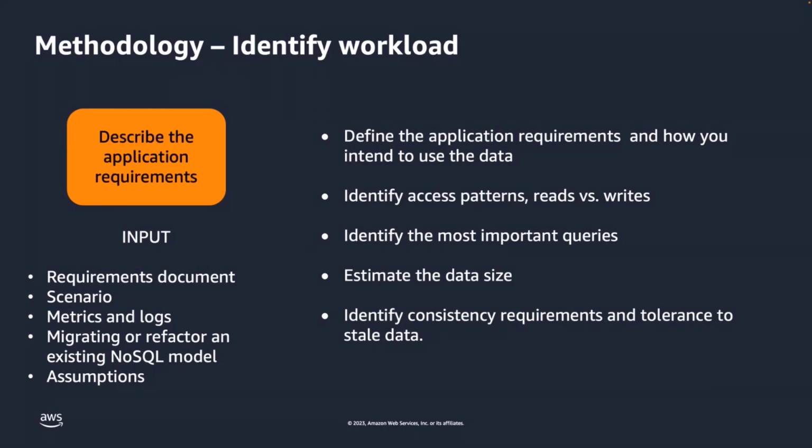In that sense, identifying the latency requirements for those queries would be a very good metric. Estimate the data size, either through metrics or assumptions. And finally, identify other requirements like consistency and tolerance to stale data. Decide basically if the application can work with eventually consistent data.